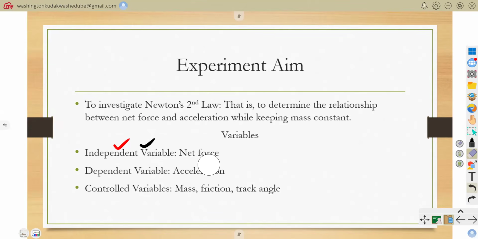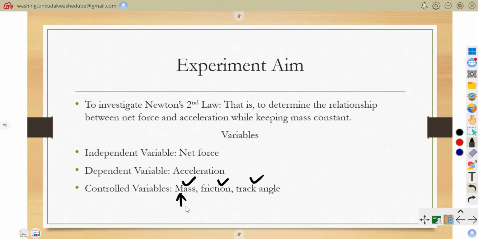Within that experiment, we are also going to have what we call controlled variables. These are the variables that we are going to maintain constant, and only change after we have determined our results between our independent and dependent variables. The controlled variables within this experimental setup are going to be our mass, our friction, and our track angle.